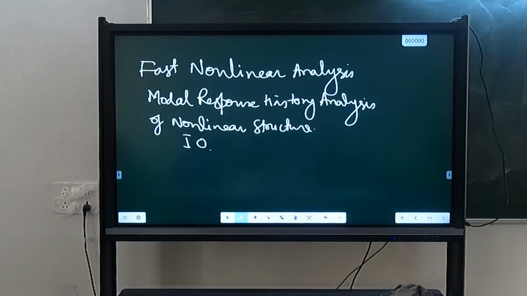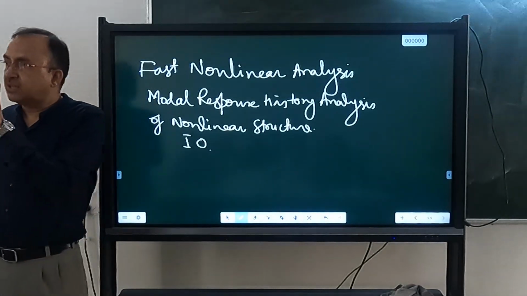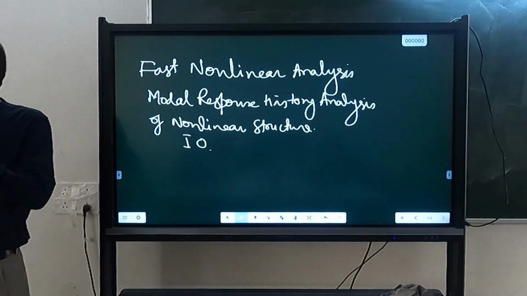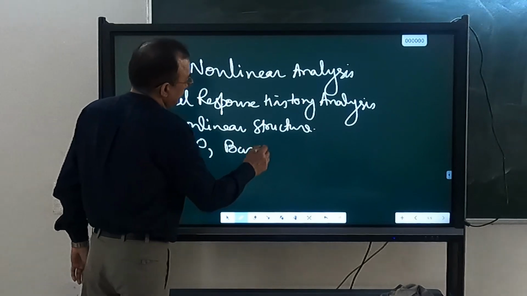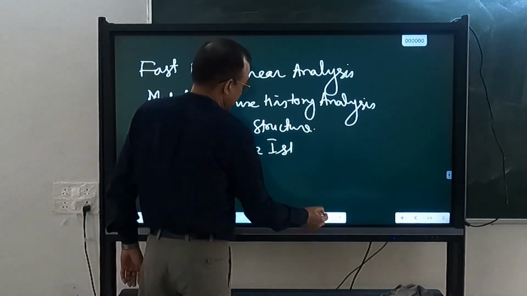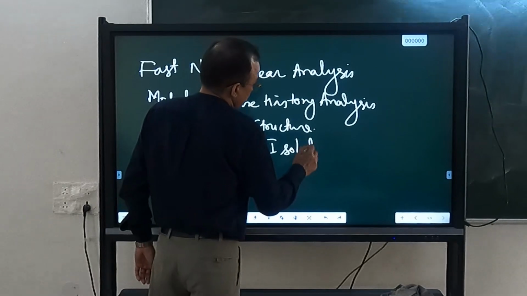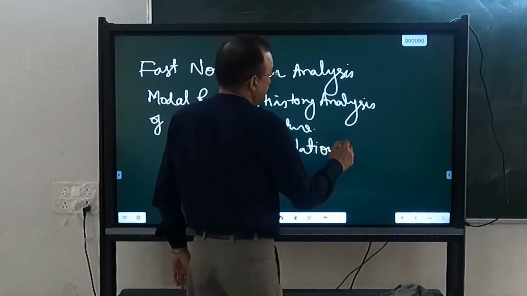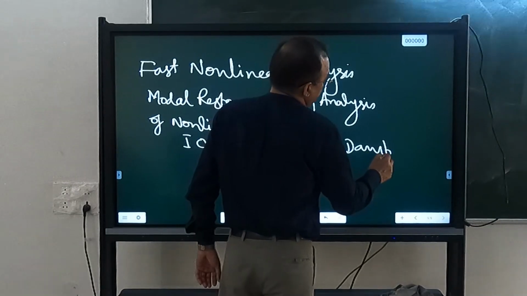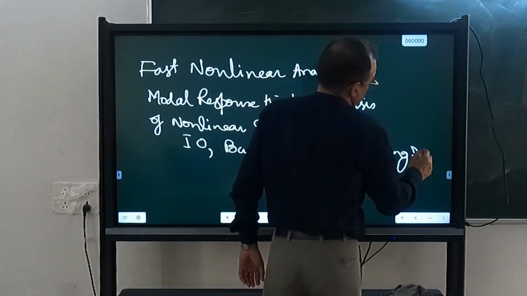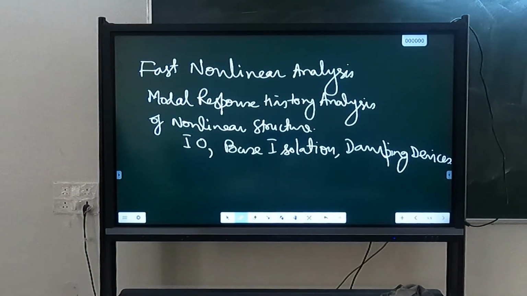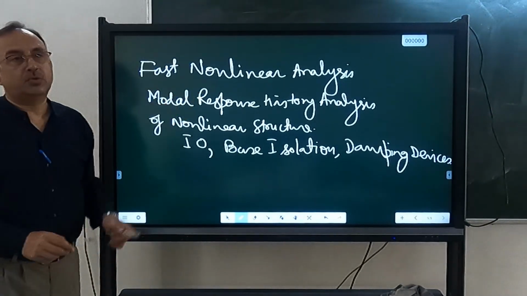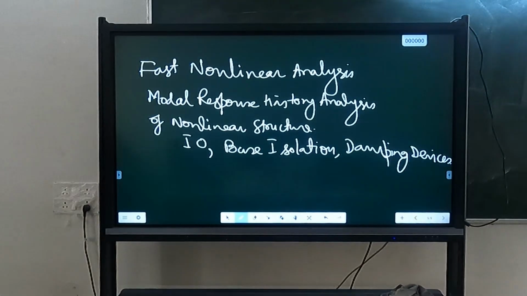Or you have nonlinearity in some of the elements, not in all the elements. For example, there is base isolated building, or building with damping devices, where the structure is more or less linear. Nonlinearity is there only in those devices. There also it gives quite reasonable results.